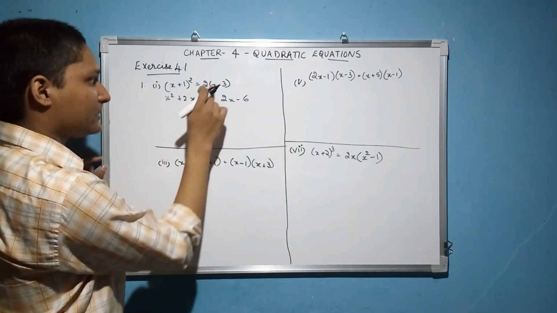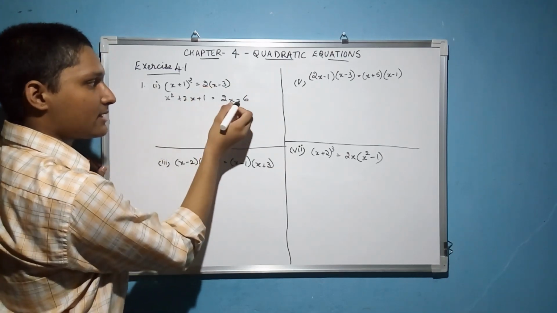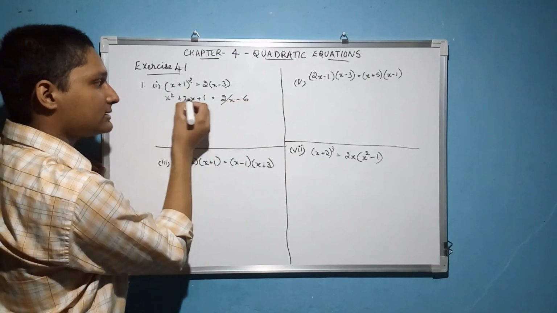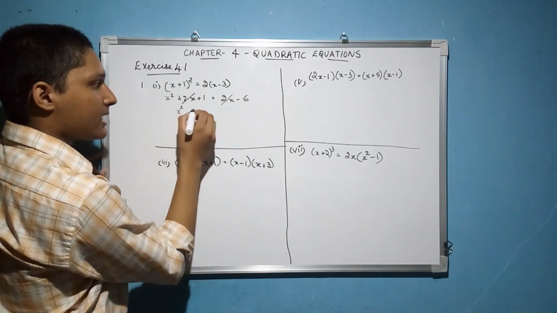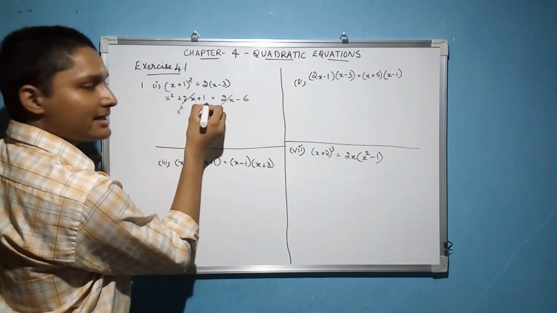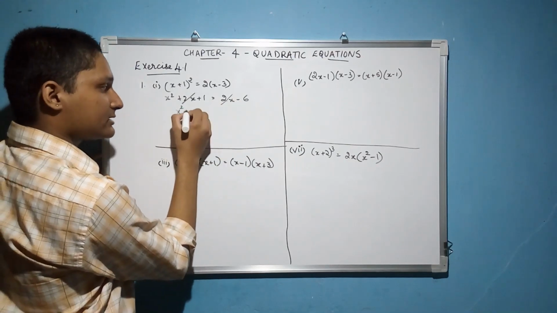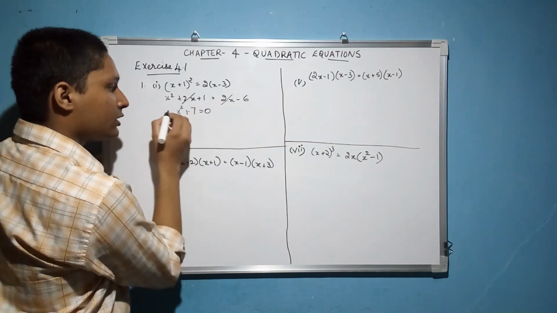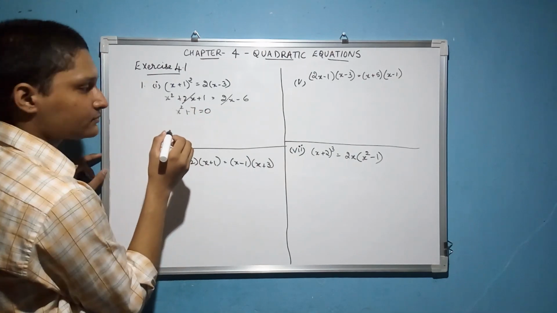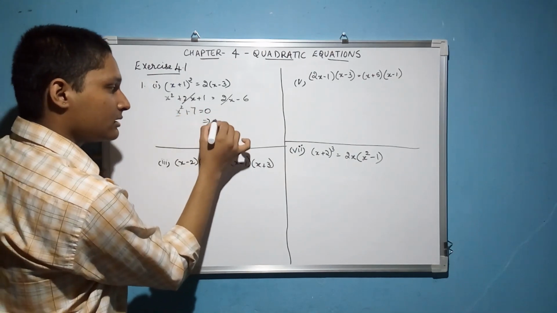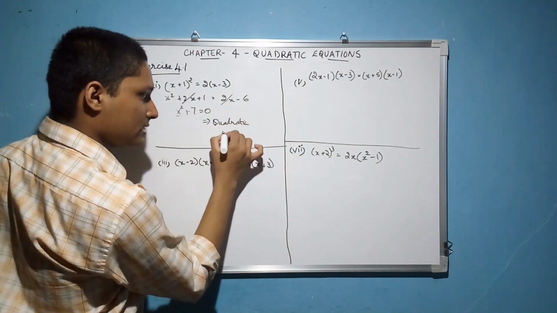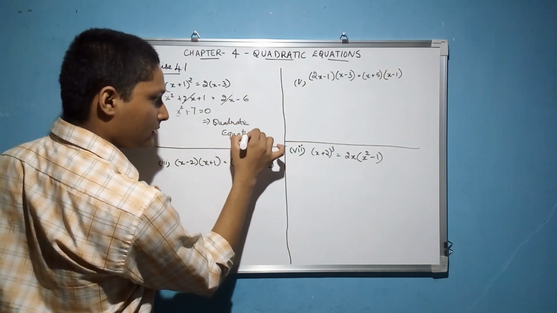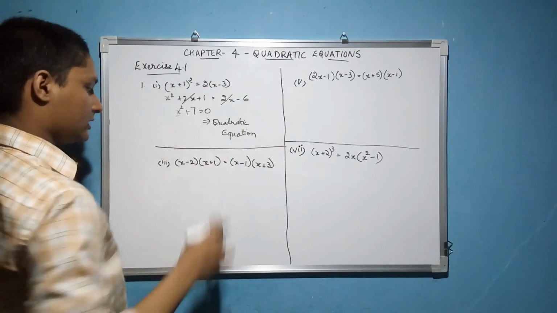This is just the (a plus b) whole square form. Here you have 2x, and here also 2x, which get cancelled. Then you have x square. When you bring the minus 6 to the left hand side, it becomes plus, so it is x square plus 7 is equal to 0. You have an x square term. Therefore, you conclude that this is a quadratic equation.